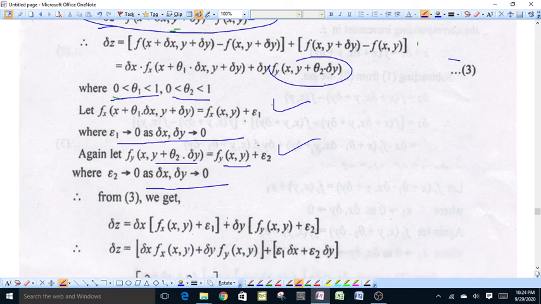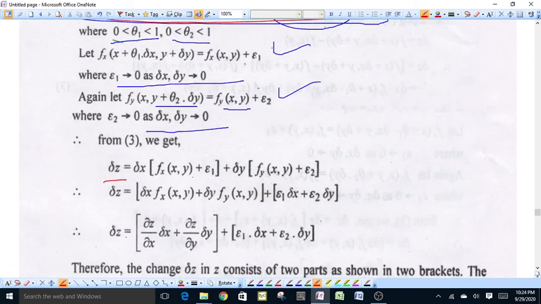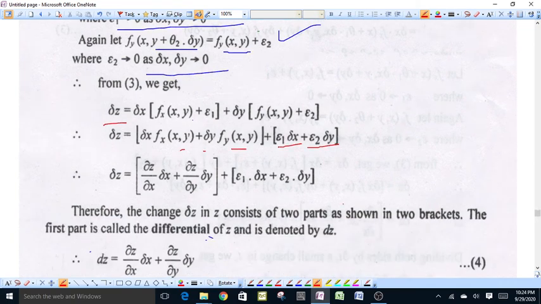Then from equation 3, delta z will be equal to delta x (f_x(x, y) plus epsilon 1) plus delta y (f_y(x, y) plus epsilon 2). This can be written as delta z is equal to delta x f_x(x, y) plus delta y f_y(x, y) plus epsilon 1 delta x plus epsilon 2 delta y, and epsilon 1, epsilon 2 approach 0 as delta x and delta y approach 0.